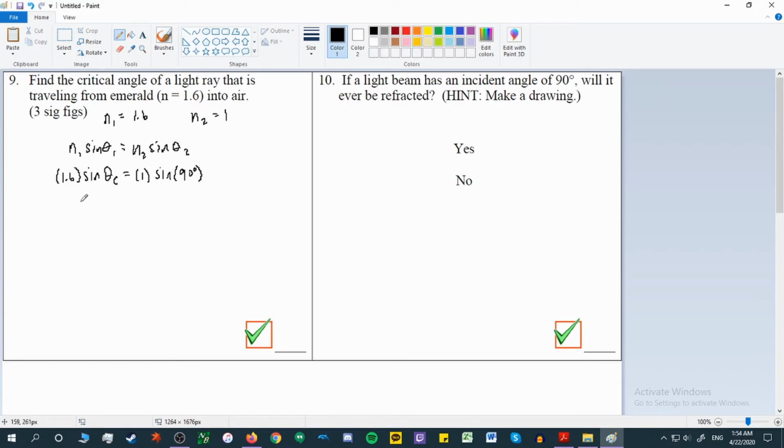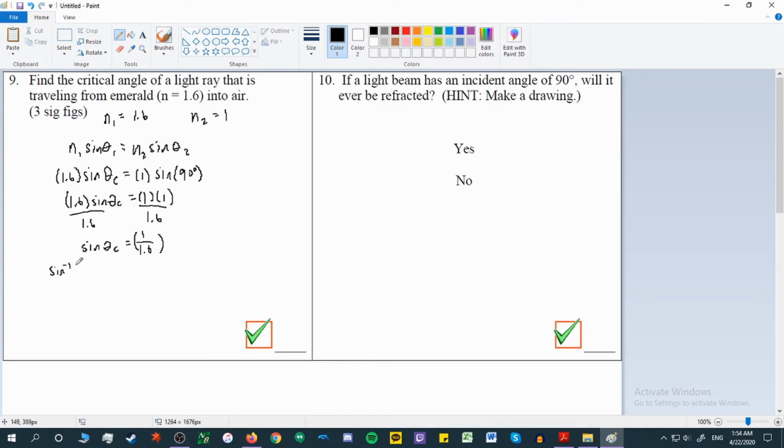Alright, let's do a little bit of algebra here. 1.6, I'm going to bring everything down. 1 times sine of 90 is 1. I'm going to divide both sides by 1.6, which should give us that the sine of the critical angle is 1 divided by 1.6.